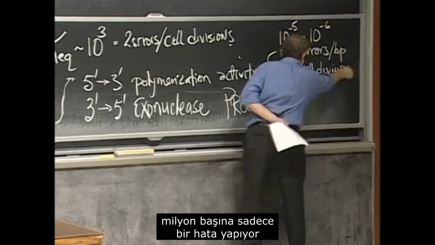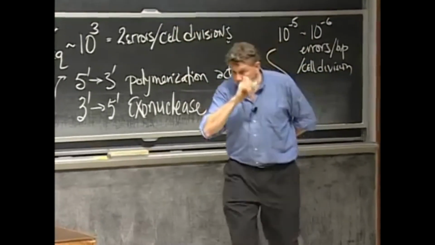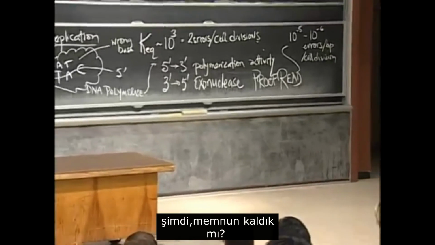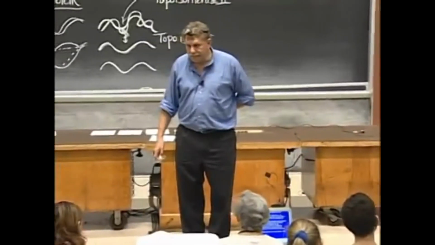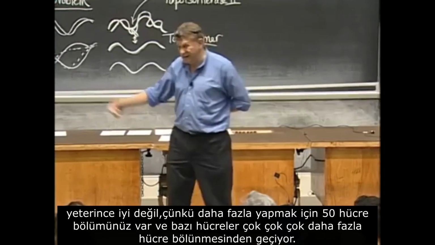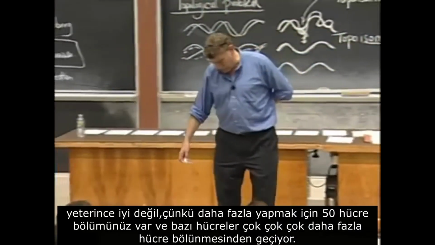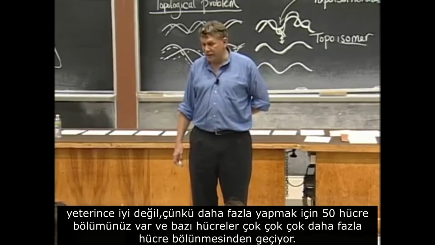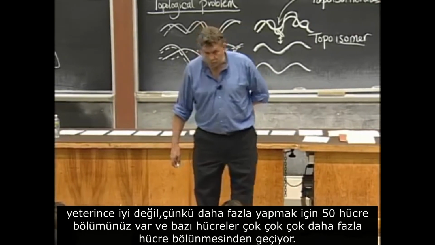It's only making on the order of 1 error per million. Now are we satisfied? No, you guys are pretty hard-nosed. Not good enough because you have 50 cell divisions to make more, and some cells go through many, many more cell divisions. Not acceptable. But it's a start.